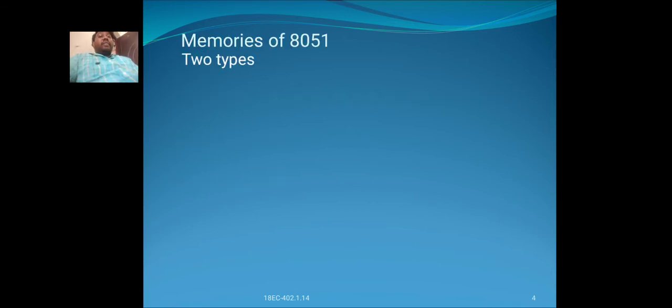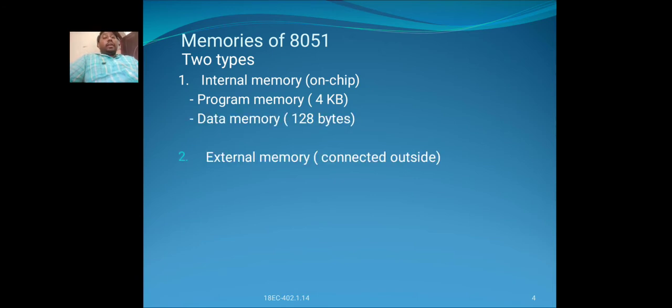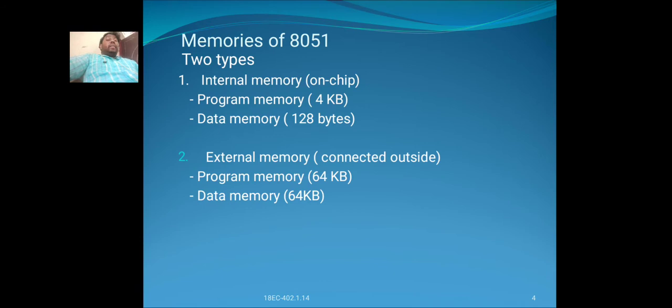The memories of 8051 have two types. One is the internal memory, the on-chip memory, and the second is the external memory.